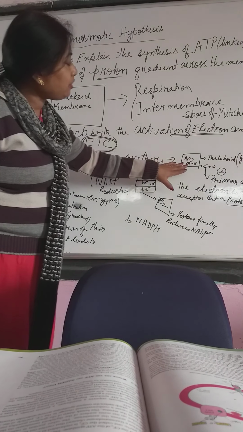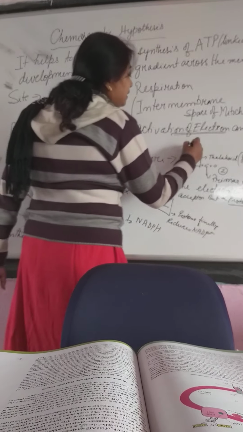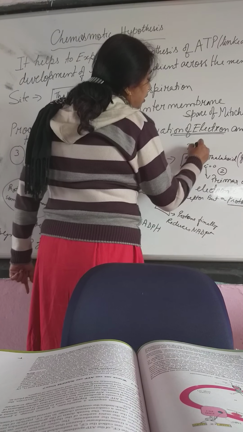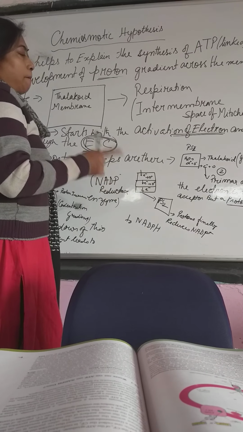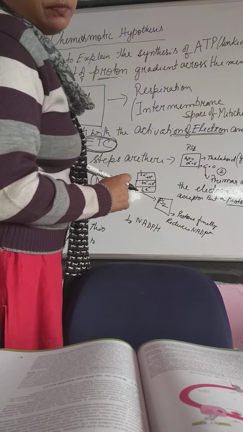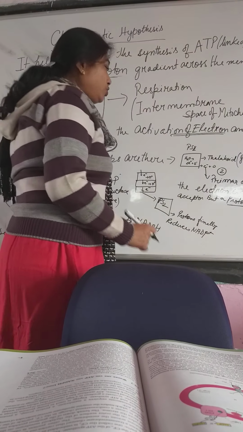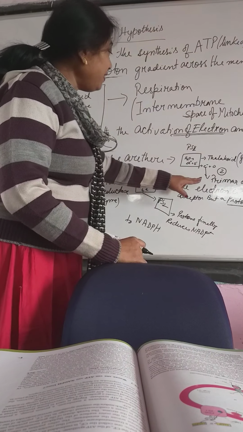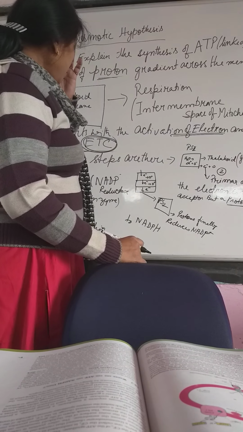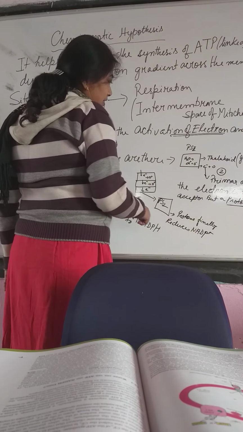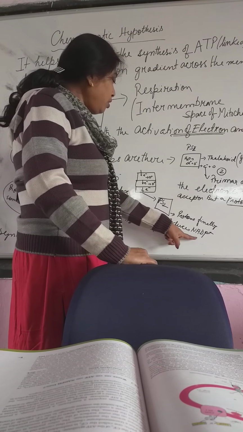Now here you see, when the electron is released from this oxygen, this happens in PS2 first, isn't it? From PS2 it goes to PS1. So the first reaction takes place in PS2, and this electron is finally accepted by this. When it is released, the proton is finally reduced to NADPH.